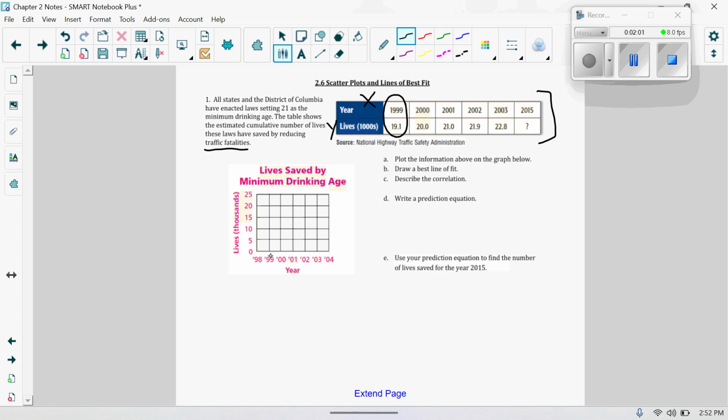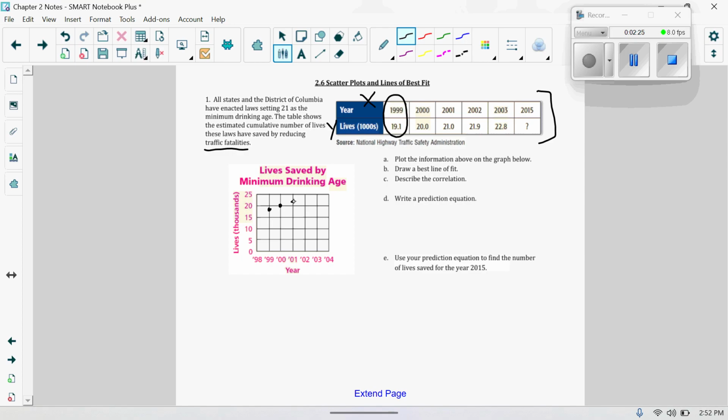So in 1999, about 19.1 thousand lives were saved. So I'm going to say that point is about right there. In 2000, about 20,000. So I'd say that's about right there. 2001 is 21.